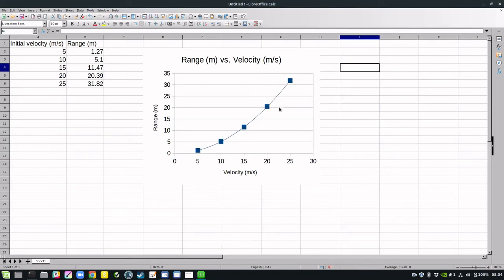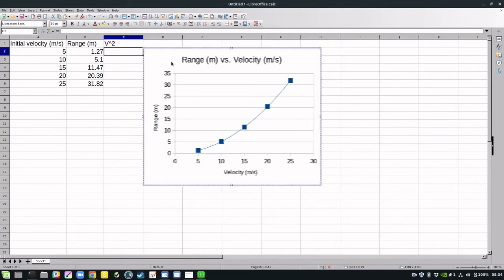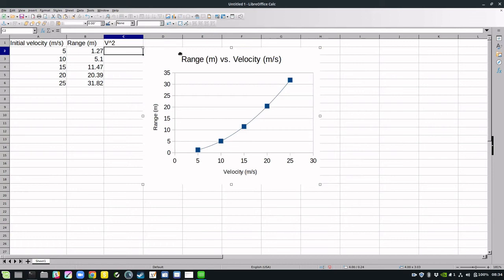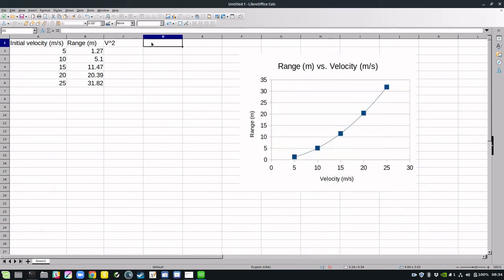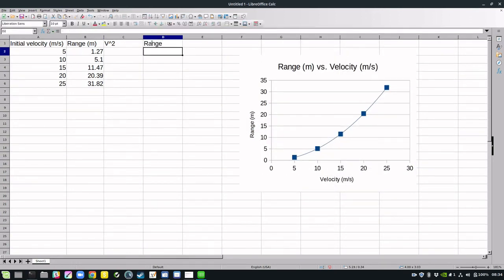Now, one thing that we can do, though, is linearize the data. So let's make a column that says v squared, and then we'll just copy the range over here. So the range will just be equal to whatever's in that column, and we're going to copy the data over.